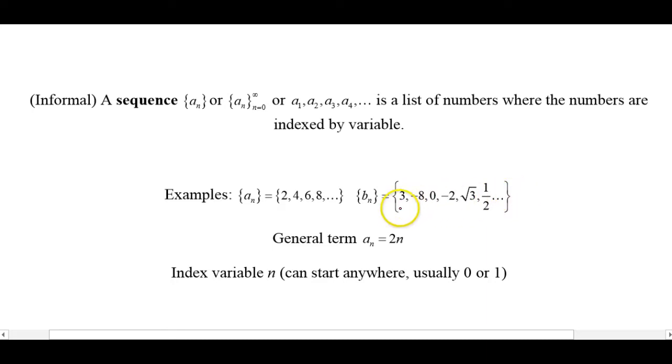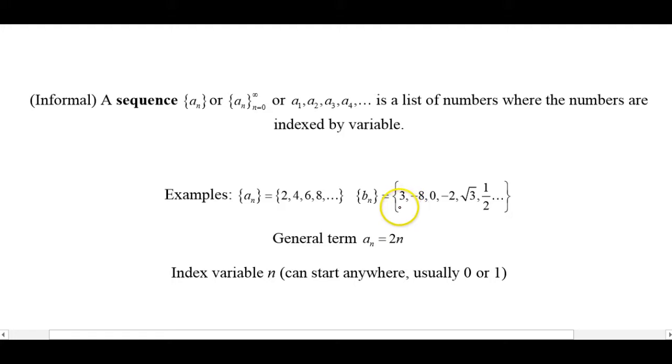Taking a close look at B sub n, notice that the list of numbers can include negatives, we can have 0, we can have square roots or irrational numbers, we can have fractions. Really, a sequence is just a list of any numbers, and I tried to make it so that B sub n has no pattern associated with it, but it's still considered a sequence.